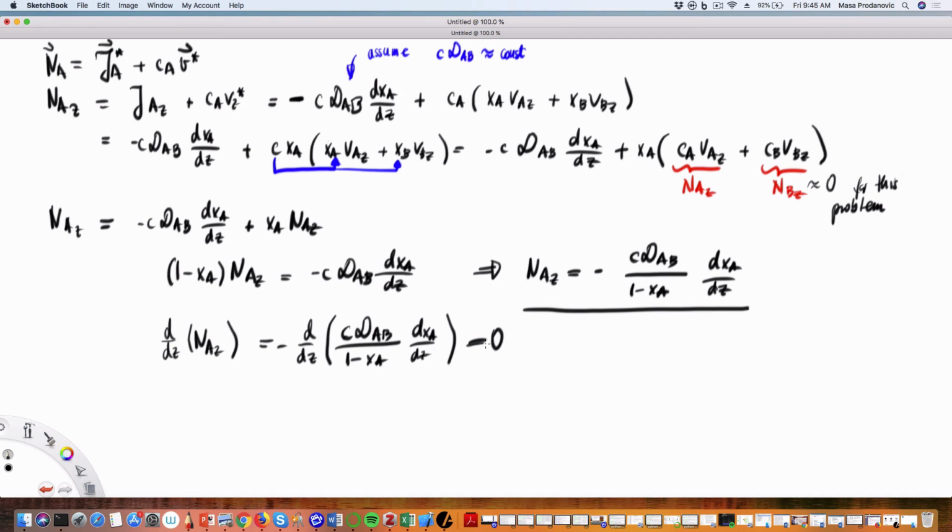Now this is something I can solve given the boundary conditions I have. So this entire half page of exercise was getting NAZ somehow in terms of XA, essentially. Going to the definition and figuring out what it is in terms of XA. Because every time you get a balance, you're going to get it in terms of fluxes, NA, whether it's uppercase or lowercase. Cool. So this is what we're solving.